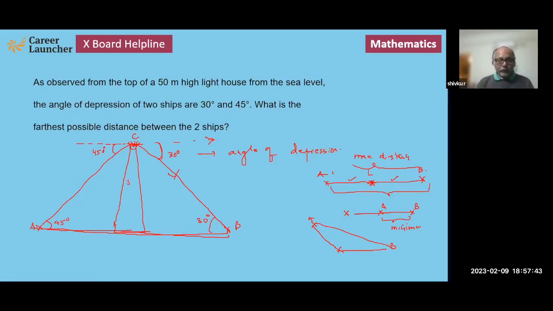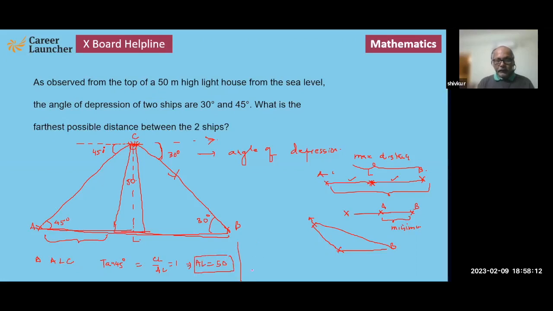This is 50 meters. So A jo distance hai. So if I consider the triangle here, let's call this triangle CLA or ALC. In triangle ALC, tan 45 degrees is equal to CL by AL, which is equal to 1. So AL must be equal to 50.